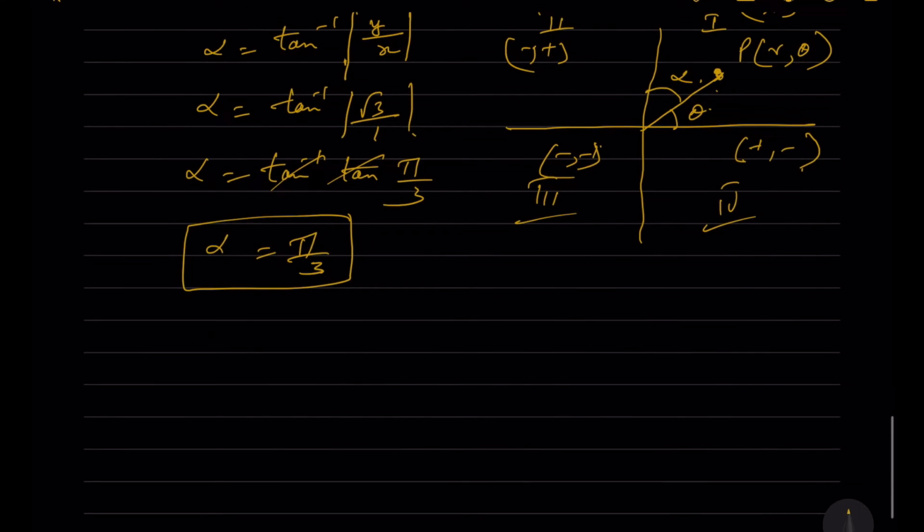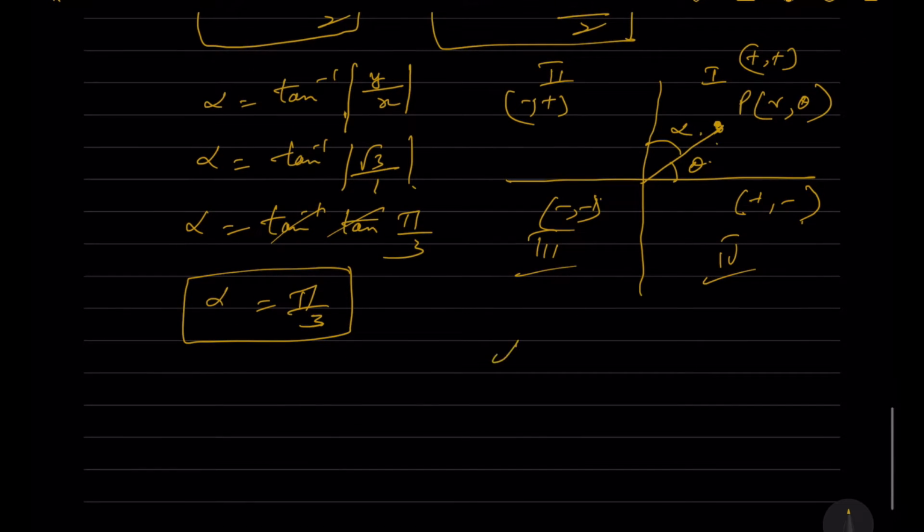Now, how do we find out alpha? Let's see. In the first quadrant, theta is equal to alpha.